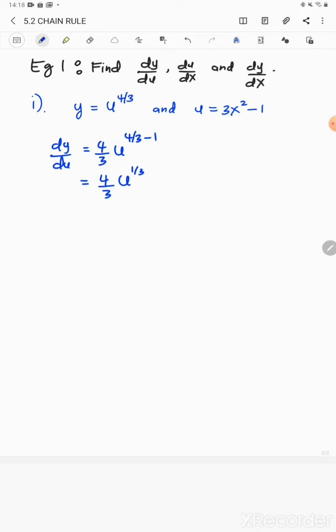Next you have to find du over dx, where the function is u equal to 3x square minus 1. Differentiate this, you get 6x, and minus 1, differentiate that constant, you get 0. So to find dy over dx, remember the formula, dy over du multiply with du over dx.